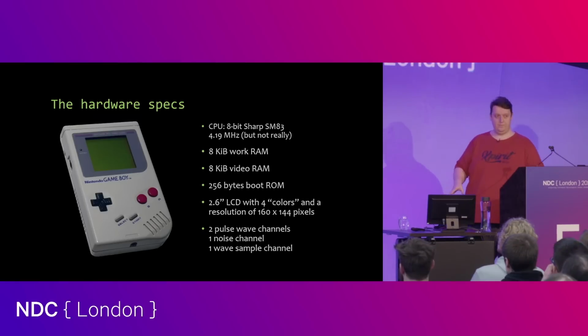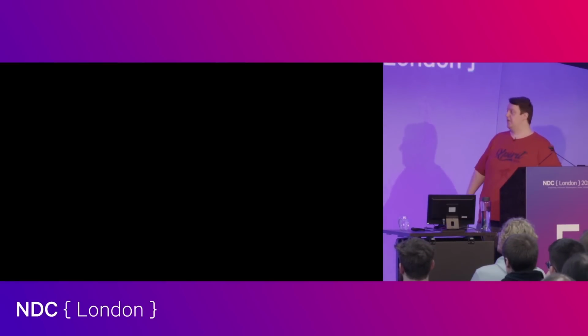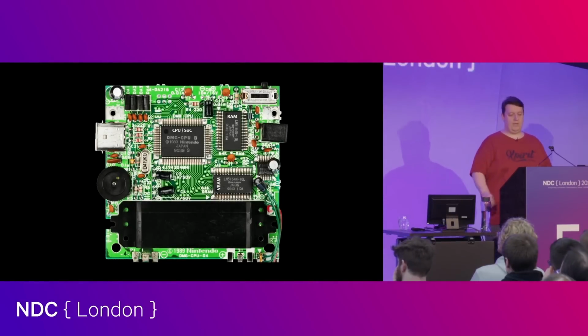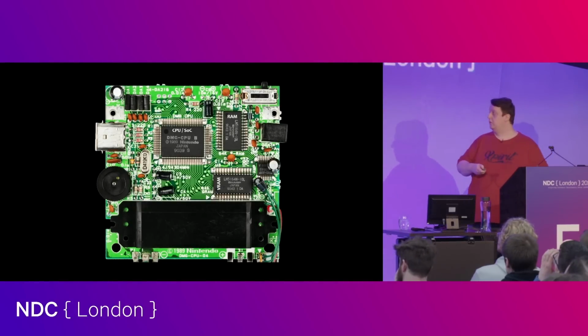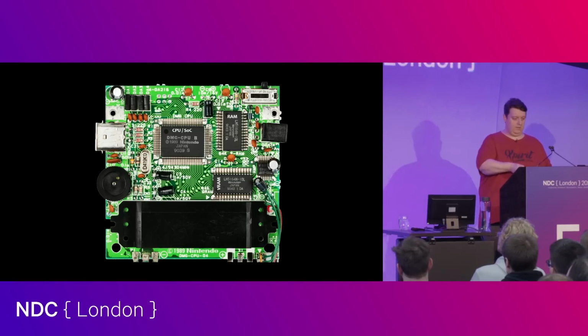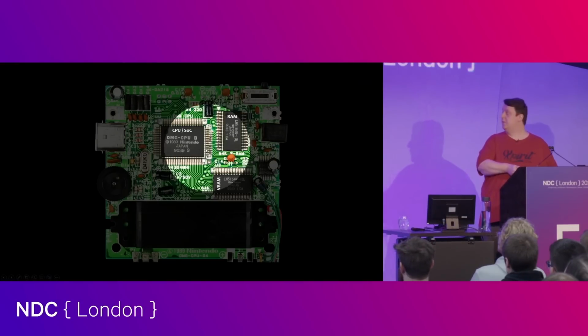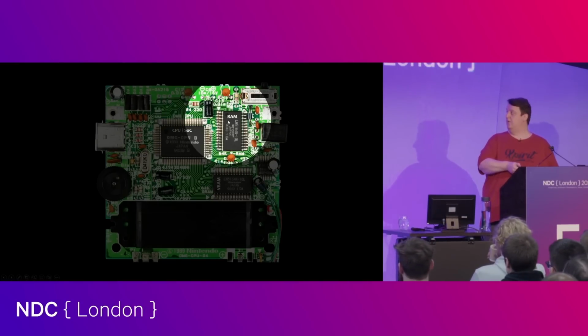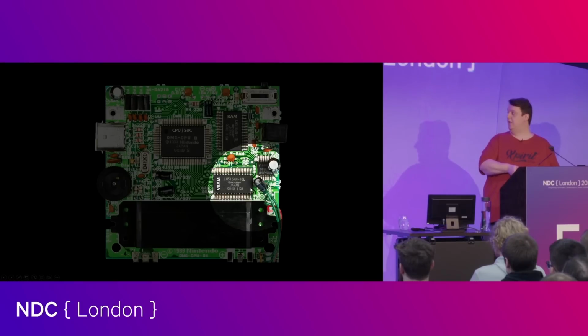If you open it up, I don't recommend it, but if you do, this is what it looks like inside. So we have, let me try to, I have to wake this thing up. Hello? Yes, that's the CPU. And then we have the memory chip here, and then the video RAM over there.